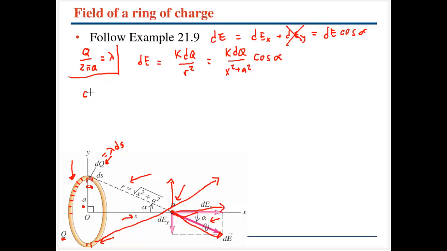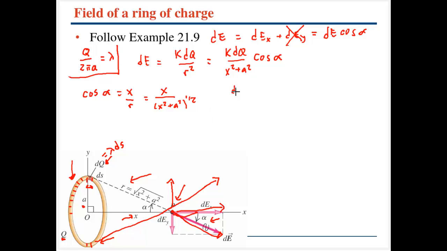Now we can do two things. We can say that the cosine of the angle is going to be x divided by the radius, or x divided by x squared plus a squared to the 1/2, the square root.